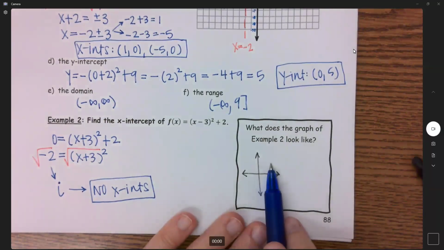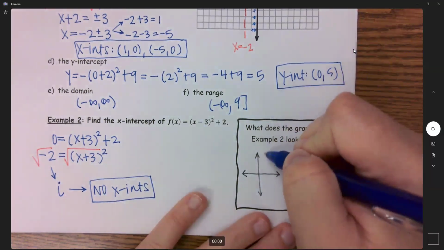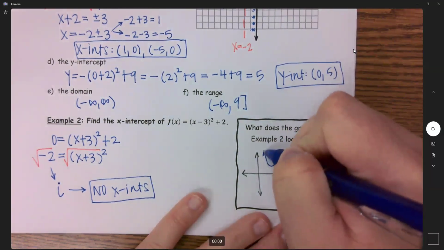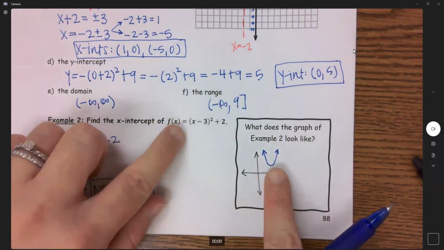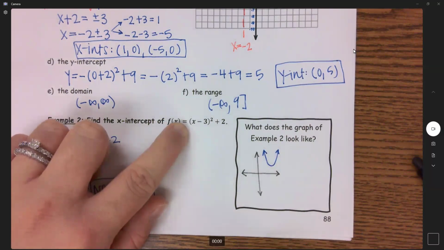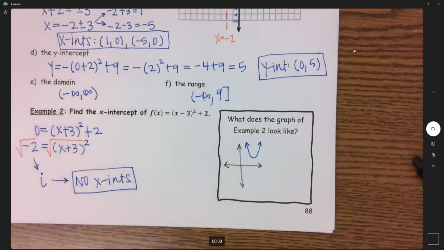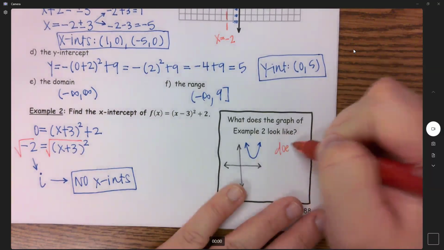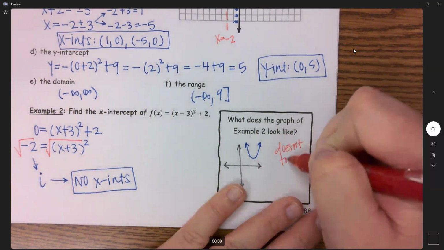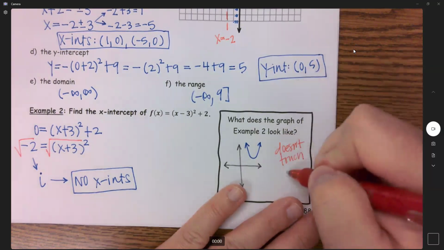So -3, 2 is over here in quadrant 2. My parabola is somewhere up here at -3, 2, and it faces up because a is positive. So what does this graph look like right here? Well, it doesn't touch the x-axis.